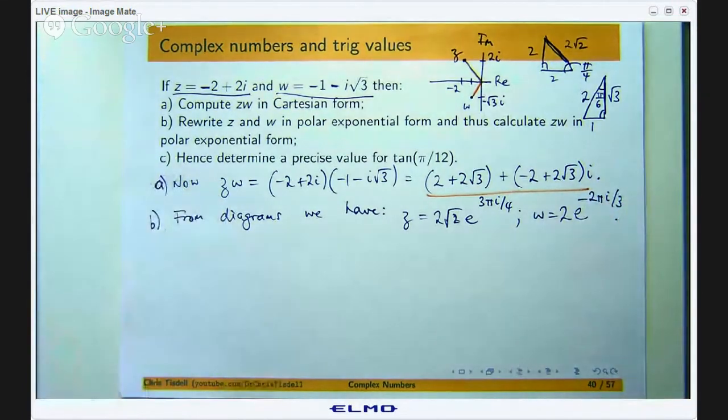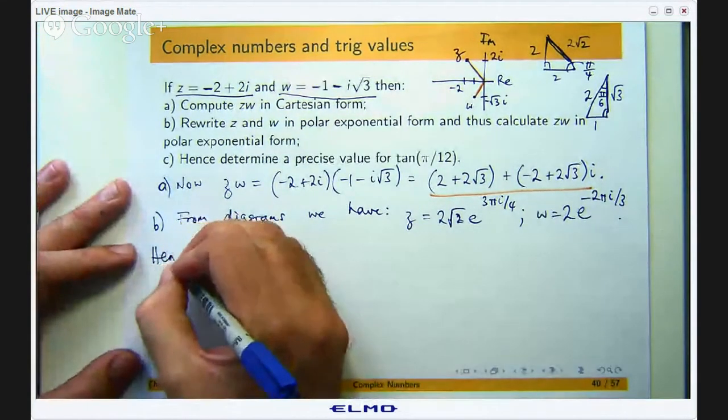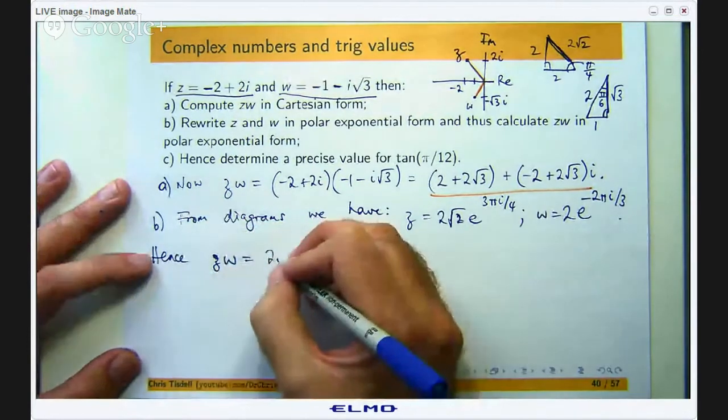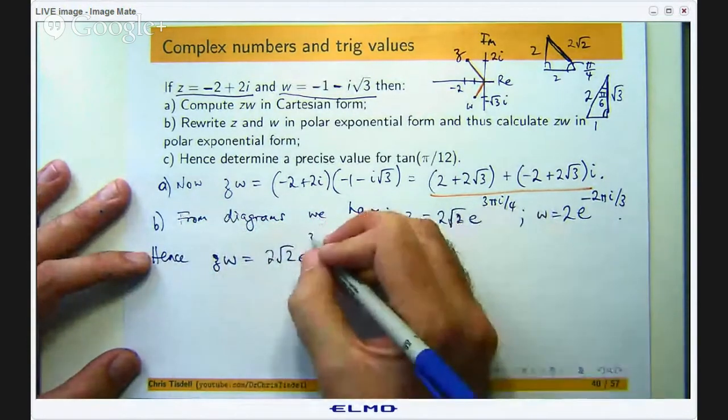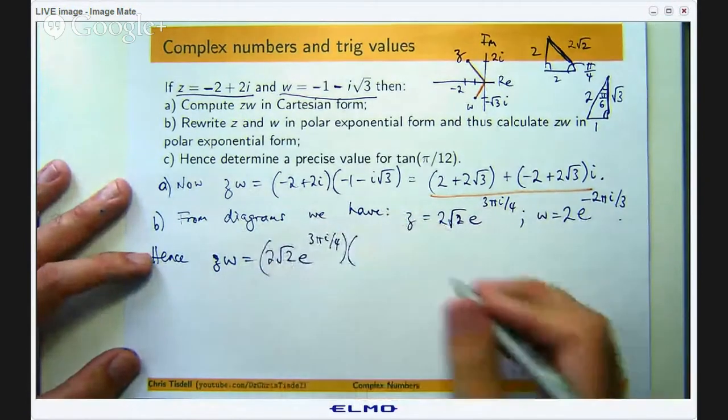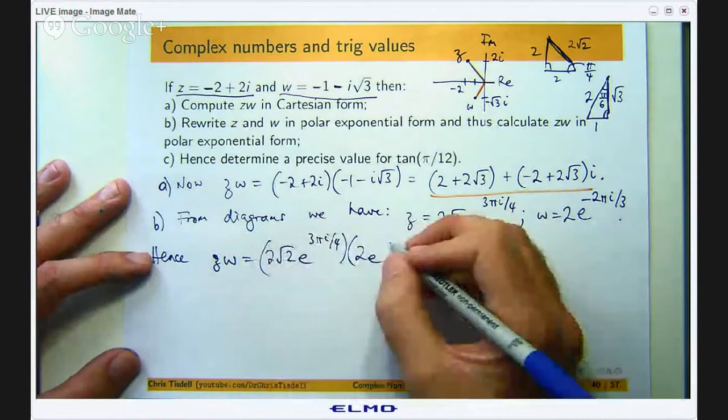Okay, so from these two forms we can now quickly multiply them. So the product is just this, and we just use our power or index laws if you like.